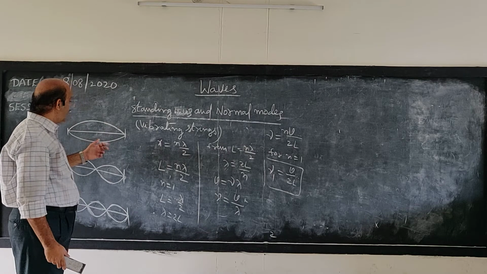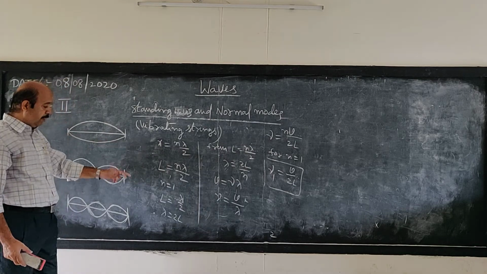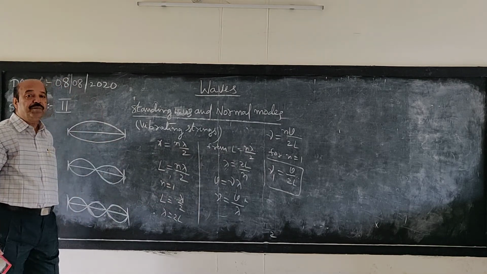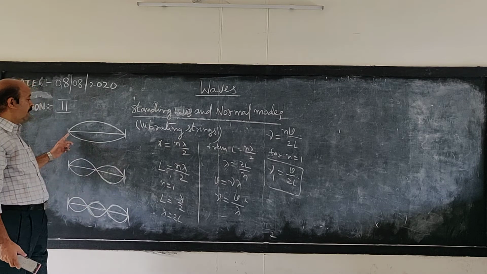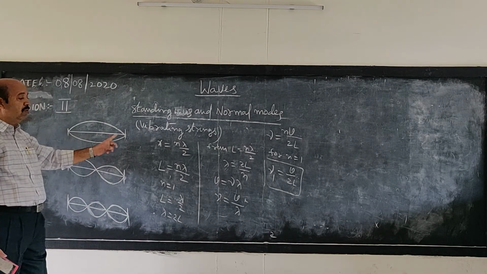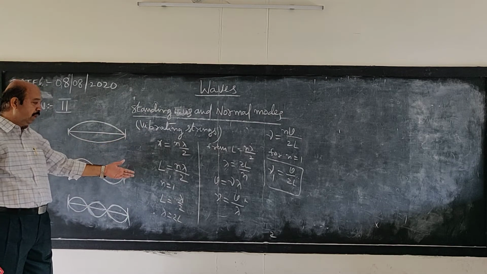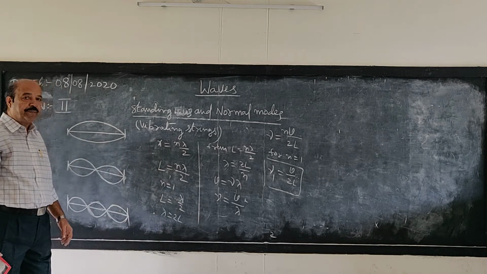So that means the length of the string is equal to half the wavelength. You know that the distance between two successive nodes is lambda by 2, and that can be shown from this formula.